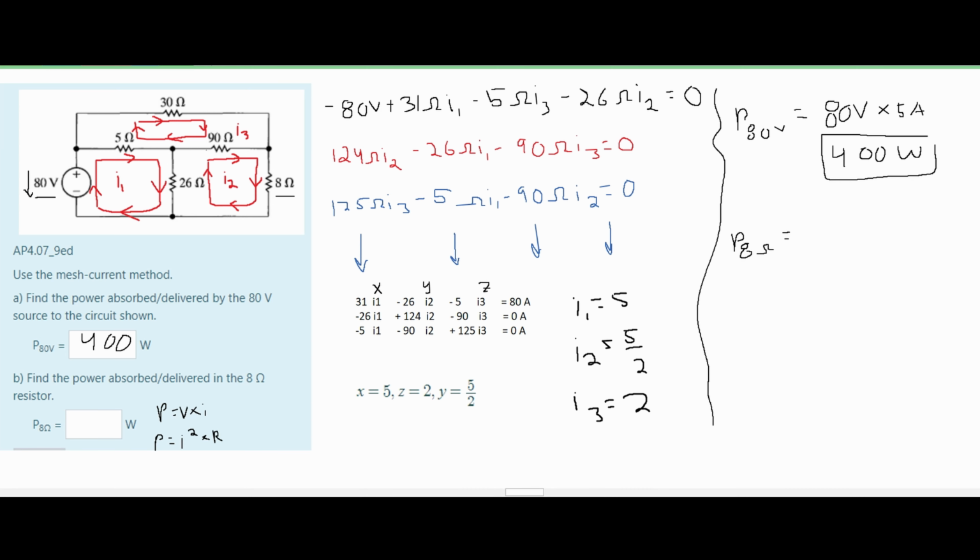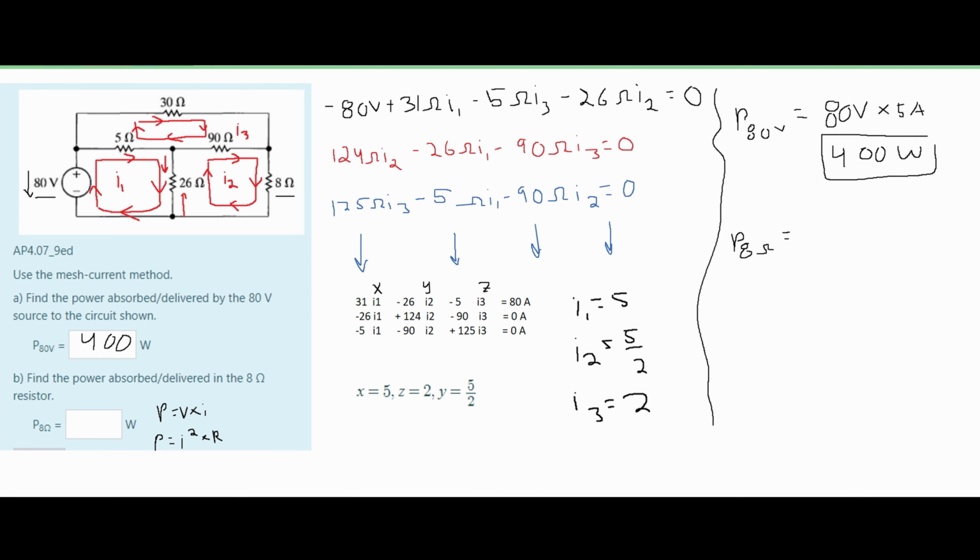Remember, if it's up against something, so if we were finding the power for this 90 ohm resistor, or this 5 ohm resistor, or this 26 ohm resistor, we would have to compensate for the fact that there's current going in the opposite direction. We would find this I1 and then subtract the I2 going into it.